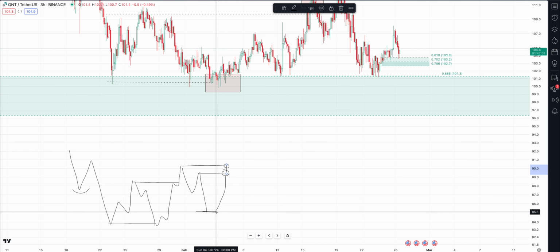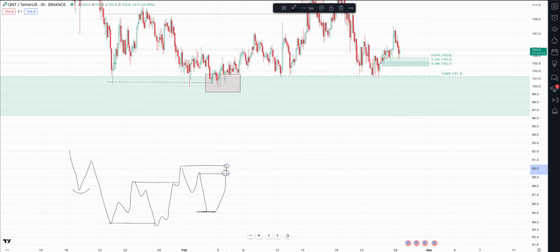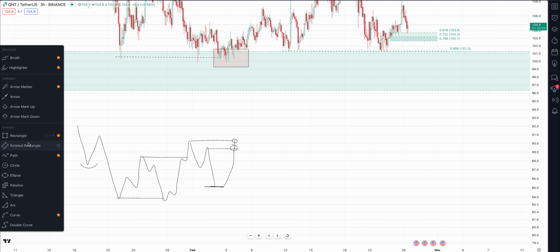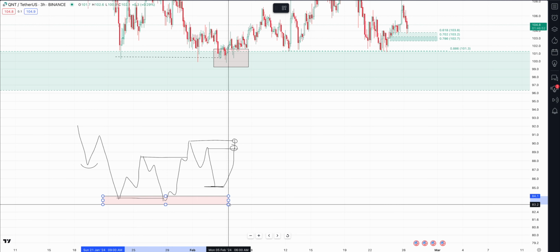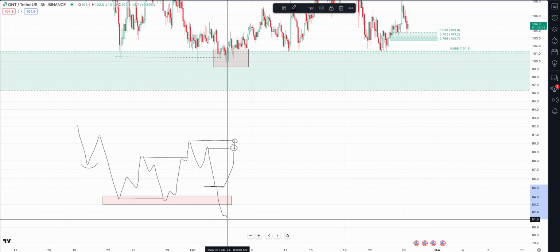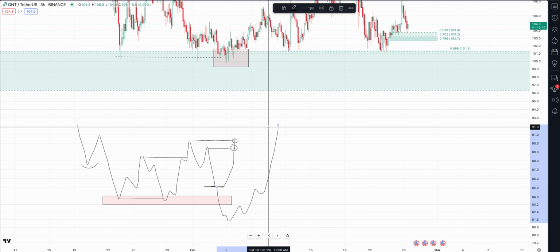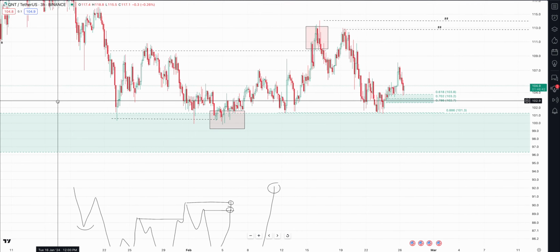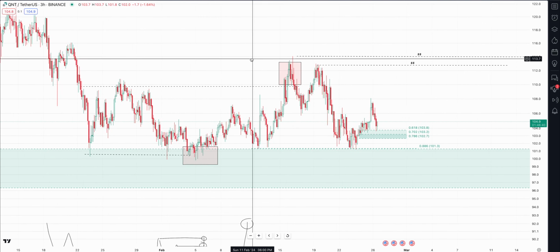Okay. However, if this support doesn't hold, then it's likely we should have a spring below this level over here, right? And then go off. Okay, so there's two scenarios, right? I'm showing each and every one.